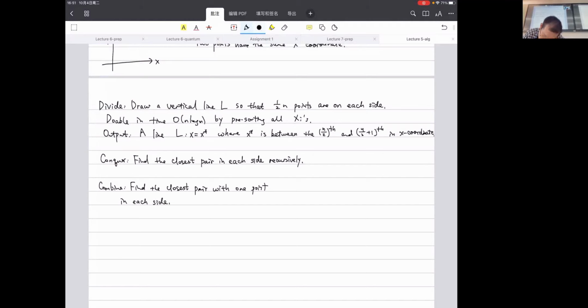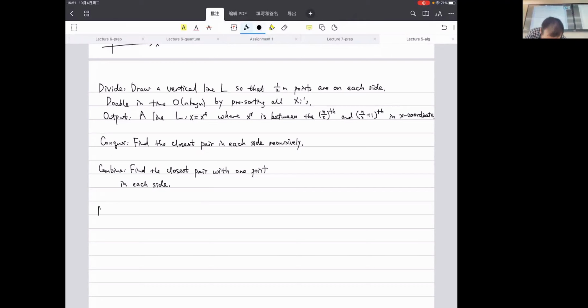To find the closest pair of points between left and right, it's equivalent to the problem of finding the closest pair with one point in each side. So for the conquer part, we find the closest pair in each side, the left-hand side and the right-hand side, and we have two values. For the combine part, we also have another value. What we return is the best of the three solutions: the left, the right, and the merge.